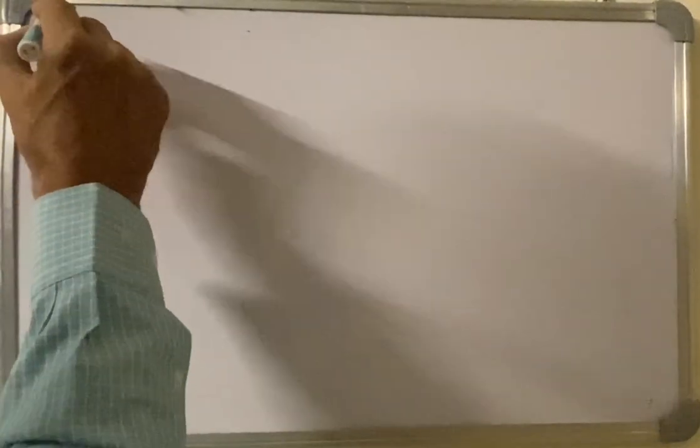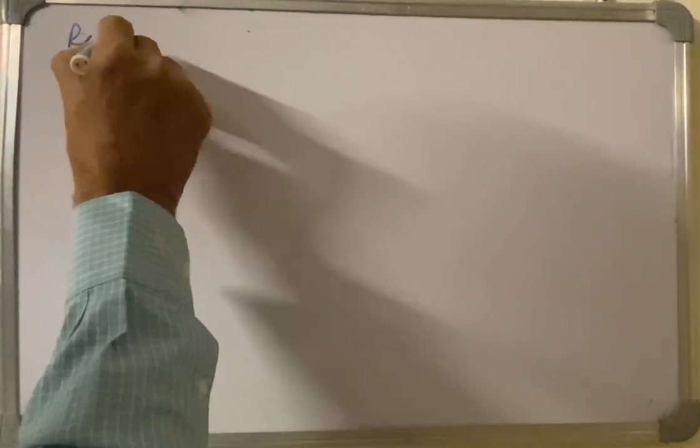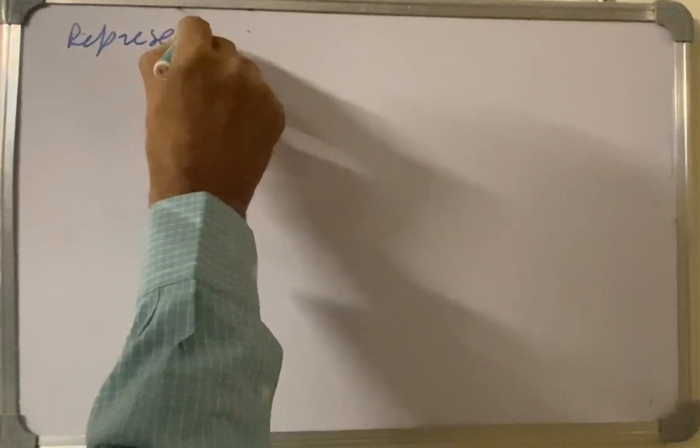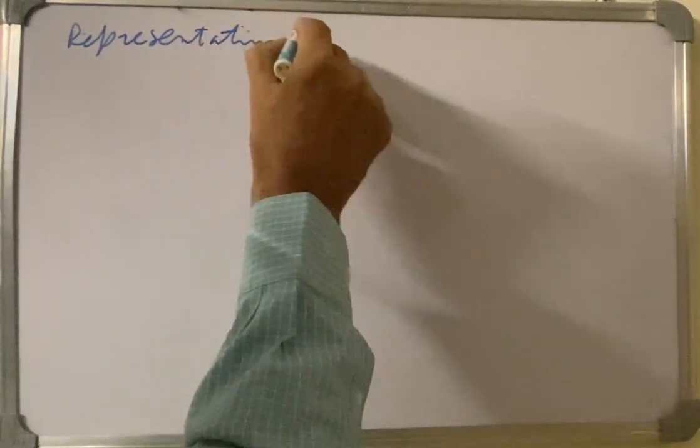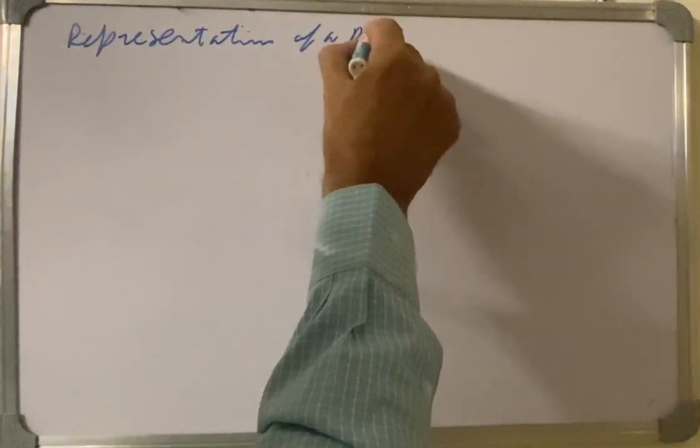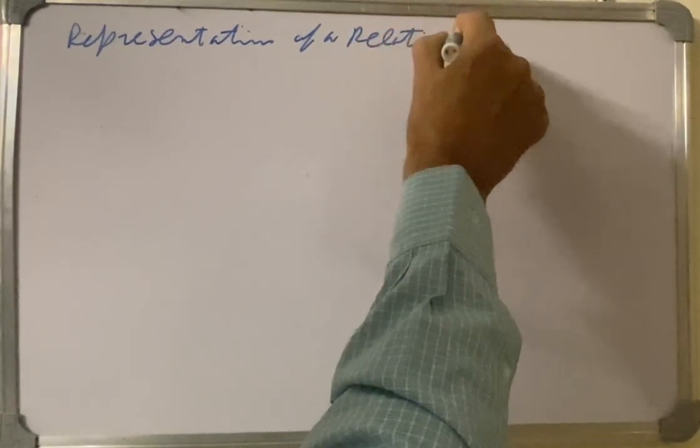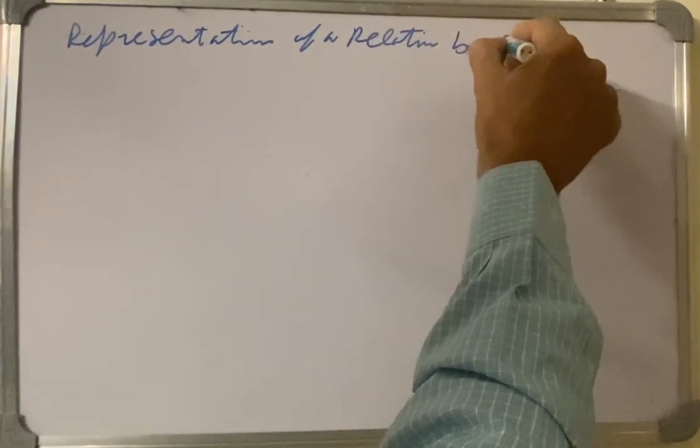Then representation of a relation by arrow diagram.